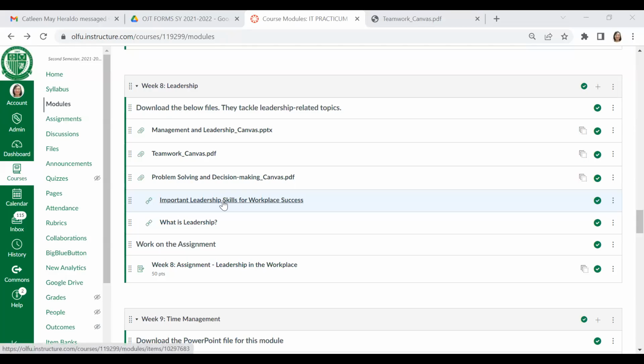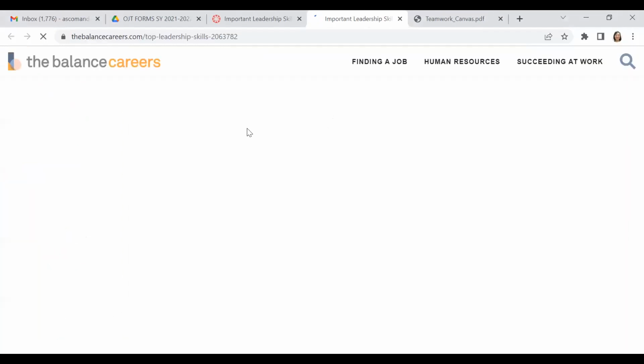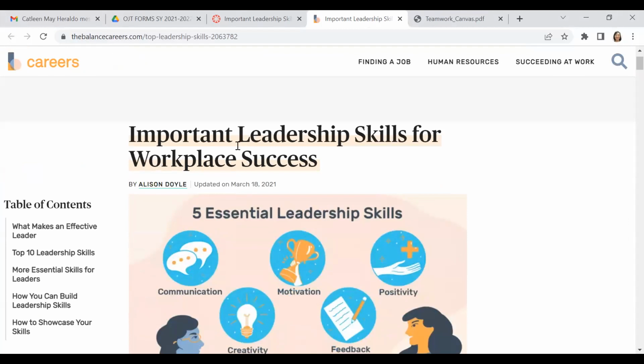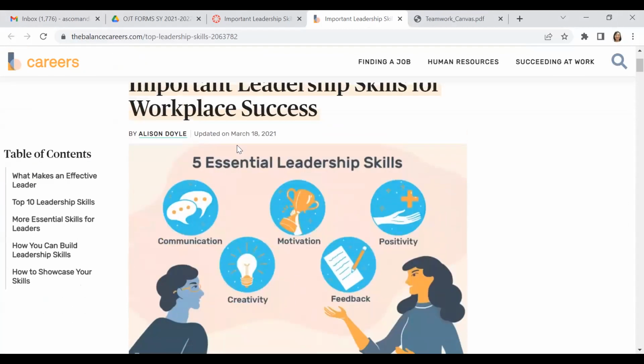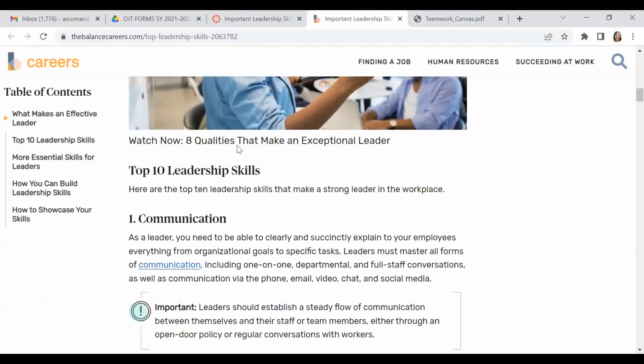It's about important leadership skills for workplace success. This is the balanced career. The 5 essential leadership skills, which were already mentioned. What makes an effective leader?